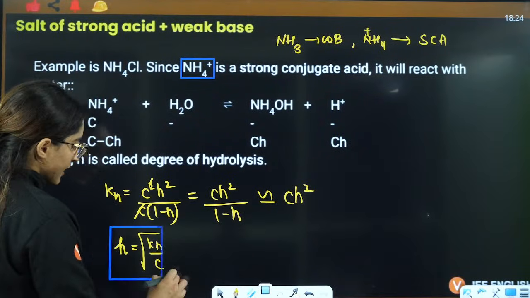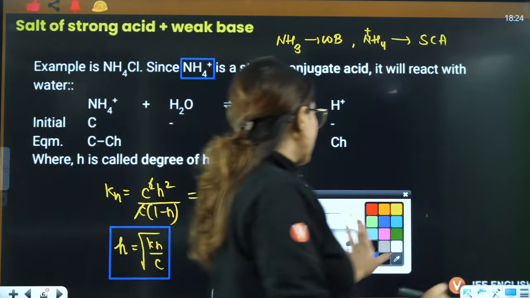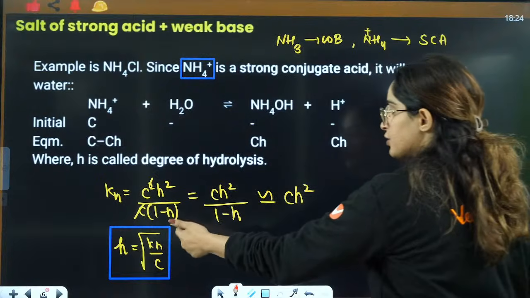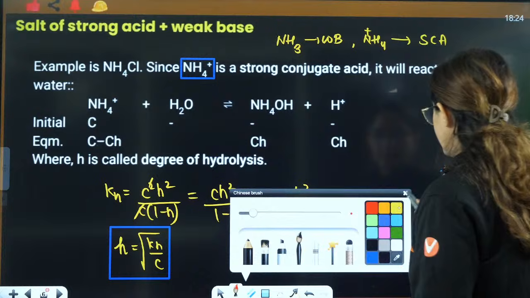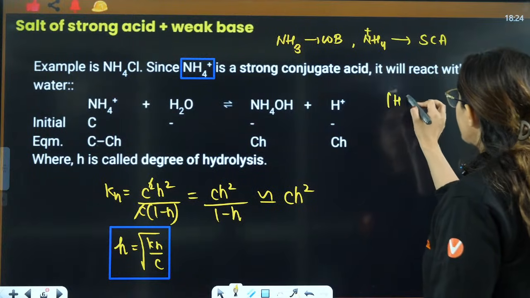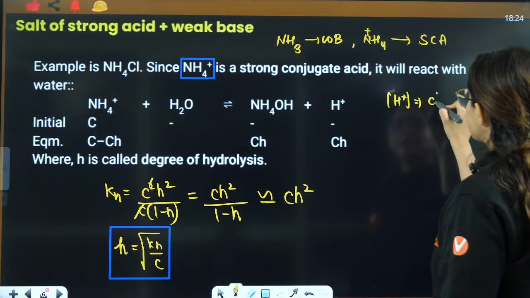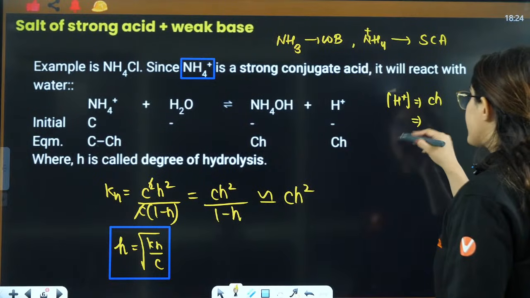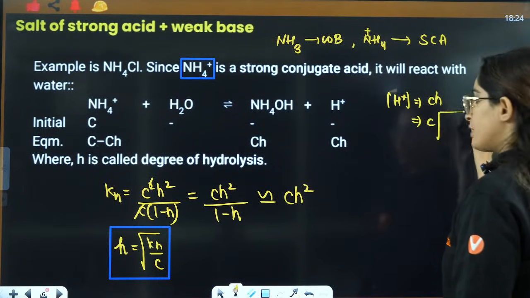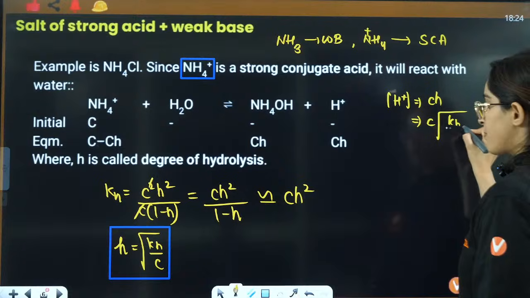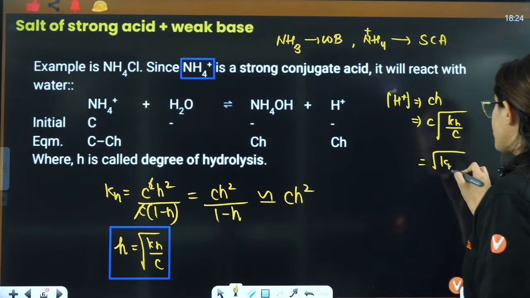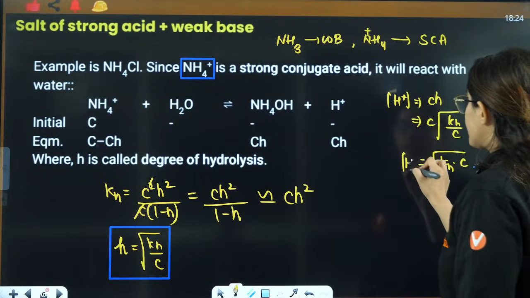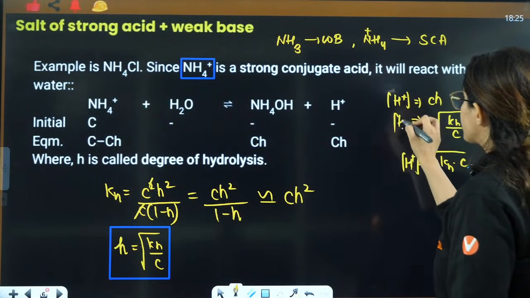That is the first thing that you must remember, the value of h is under root of Kh by C. And if you see here, what is the value of H positive? That is nothing but Ch. So H positive is going to be C under root of Kh by C. C will cancel and it will become under root of Kh into C. That is going to be the H positive concentration.